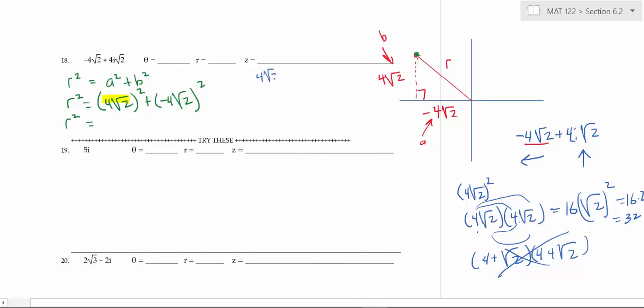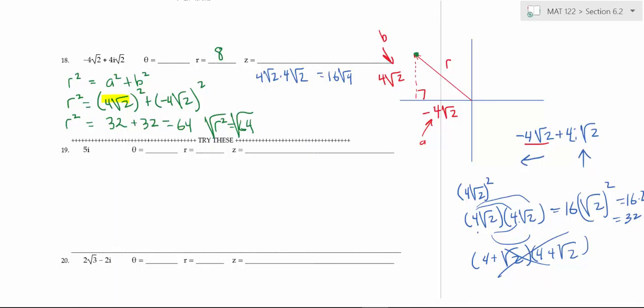Again, that's 4 root 2 times 4 root 2, which is 16 times the square root of 4 if you want to think of it that way. So that ends up being 32 there, and 32 there. Now that gives us 64. So we have R squared equals 64. Square root both sides, and we get the radius is equal to 8. So that's going to be a part of the trigonometric form of our complex number.